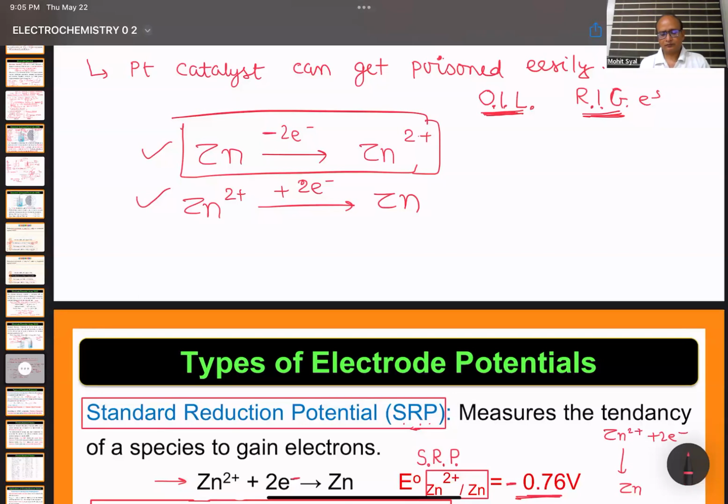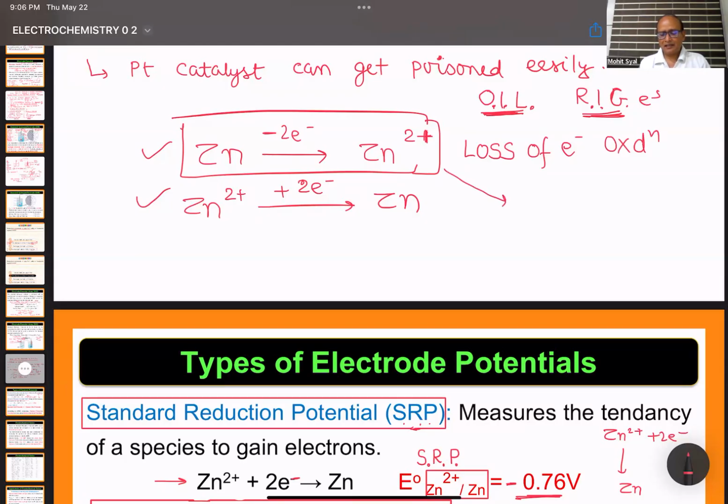Oxidation. Is it the loss of electrons or the gain of electrons? Loss of electrons. If electrons are lost, positive charge will increase. Oxidation is happening.